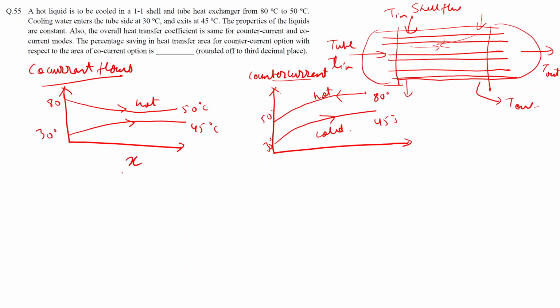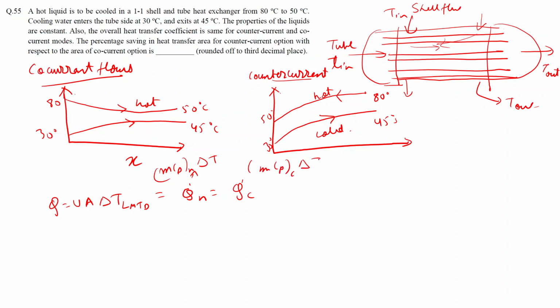For both of these fluids, from the energy balance we can write that Q is given as UA delta T LMTD, and this will become QH, that is heat exchanged by the hot fluid, or QC, where QH you can write as m Cp of hot fluid into delta T. For cold fluid you can similarly write it as m Cp of cold fluid into delta T. So ultimately we have to calculate this log mean temperature difference and then equate all these equations.